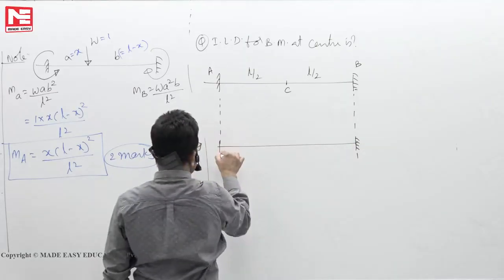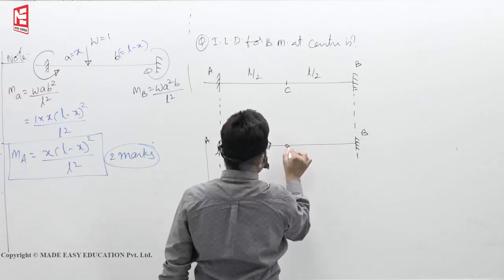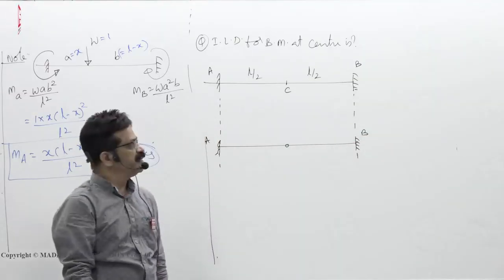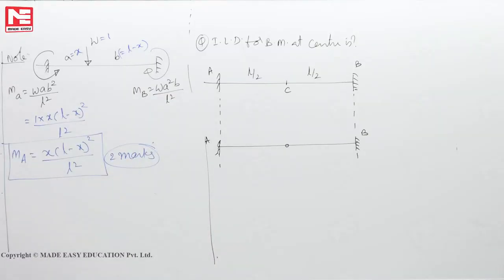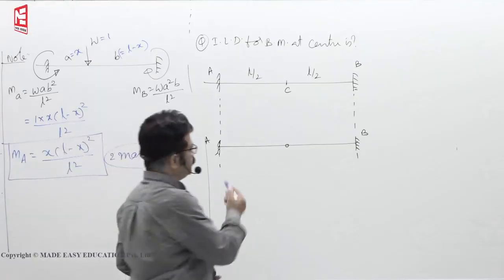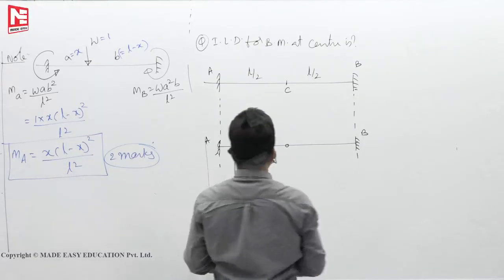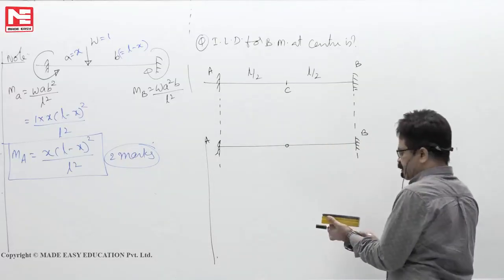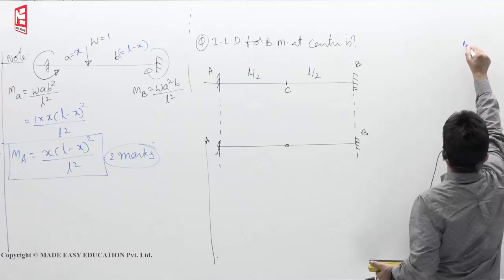Now without removing the supports at A and B, assume an imaginary hinge at C and lift it by a distance of L by 8. Then the rotation becomes 1. Then the deflected shape of the beam is the ILD for bending moment at center. Now why should we lift it by L by 8? Again from strength of materials.